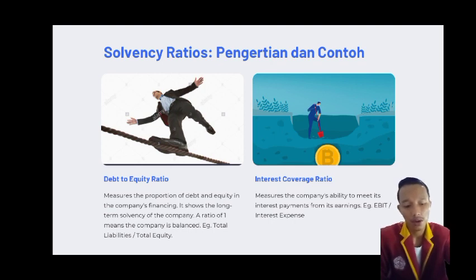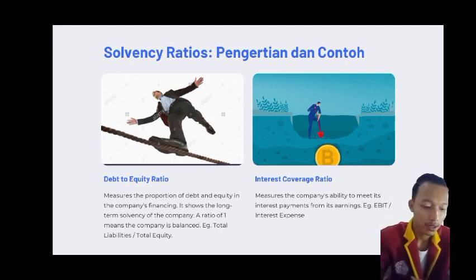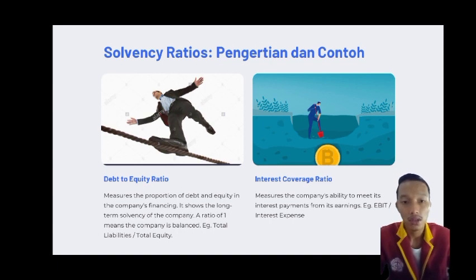A ratio of 1 means the company is balanced, as total liabilities over total equity. Next, interest coverage ratio measures the company's ability to meet its interest payments from its earnings, as EBIT over interest expense.